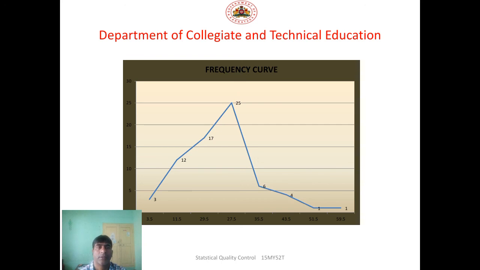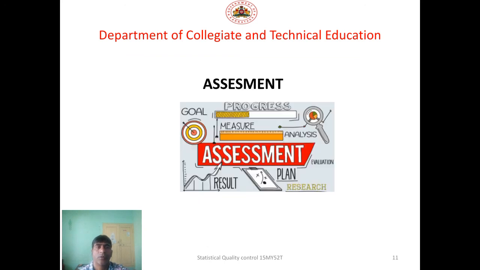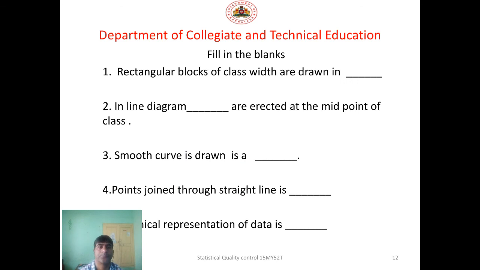Okay. Next, moving on, we'll see the assessment of the class. So now we will assess the class accordingly. Hope you have got the points. First question in the assessment: the rectangular blocks of the class width are drawn in dash.